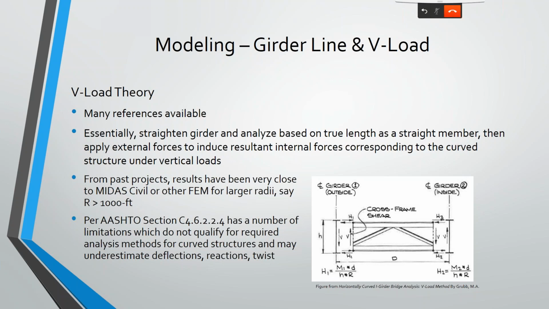In past projects, this has worked fairly well for radii that are relatively large, over 1,000 feet or 1,200 feet. We typically aren't seeing a lot of difference between our line girder analysis with V-load and our final finite element models. But if you get below that, you can start to see some larger differences.